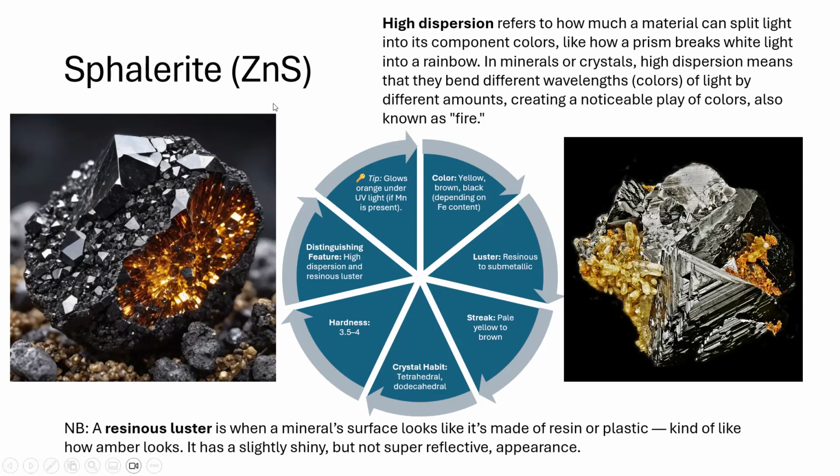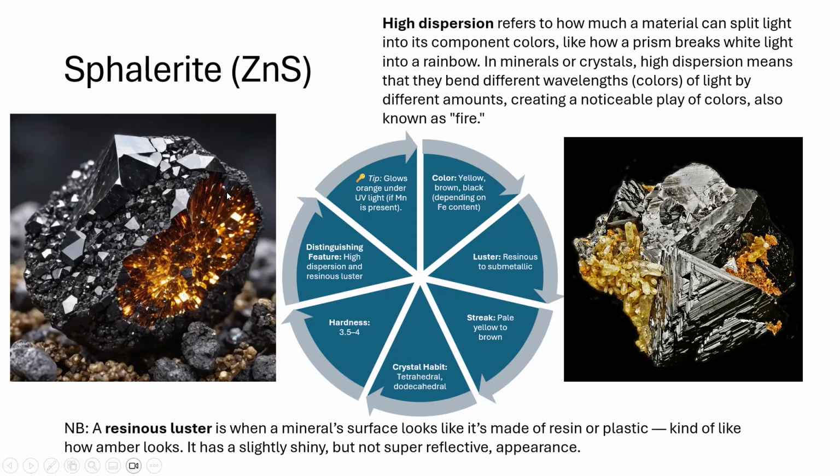That is to say, the distinctive feature of sphalerite is the higher dispersion, and also the resinous luster. The resinous luster means that the surface of this mineral looks like a resin or a plastic, or like an amber, or dried honey.